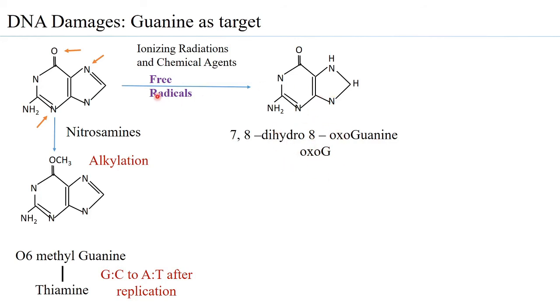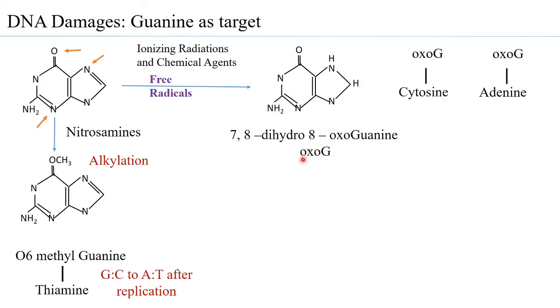What was a double bond over here is no longer a double bond because of these free radicals. The free radicals have added an electron over here, and because of that highly reactive electron, the double bond is broken, and in place of that, 2 hydrogens are placed. Therefore, 7,8-dihydro-8-oxoguanine, commonly termed oxo-G.